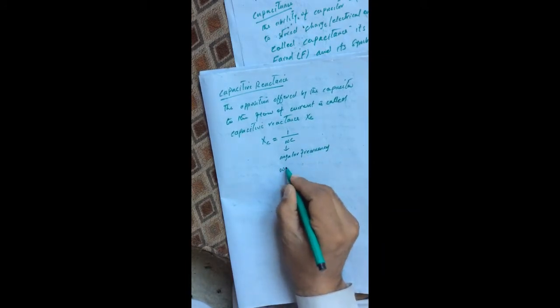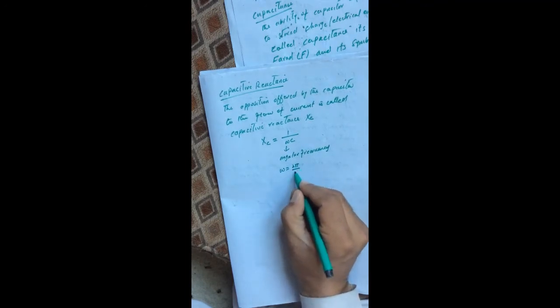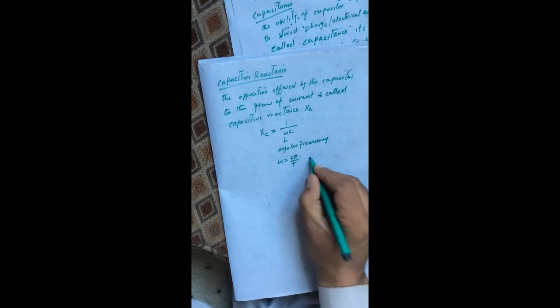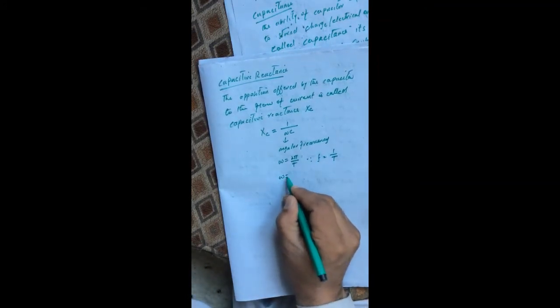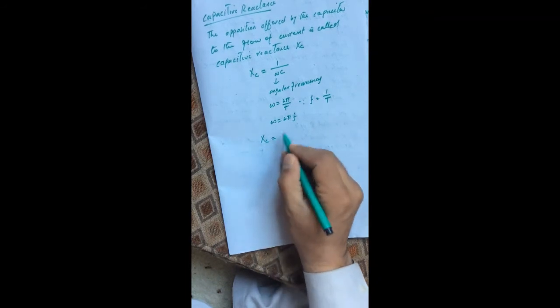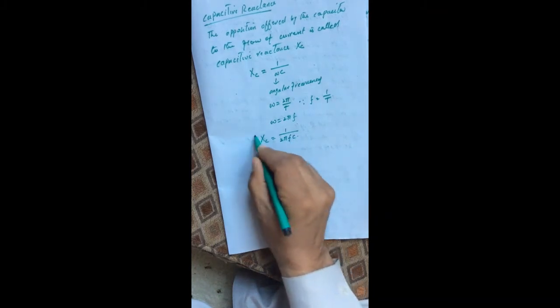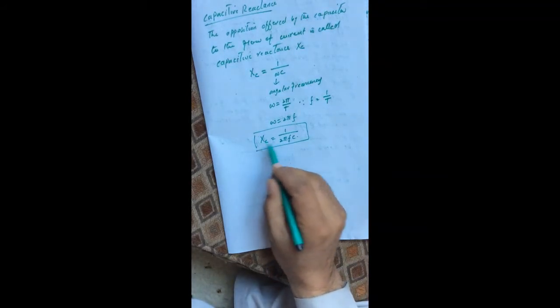Omega is equal to 2 pi over T, and we know that frequency is the reciprocal of time period, so omega is equal to 2 pi f. So Xc, the capacitive reactance, will be 1 over 2 pi f c. If we look at this equation, the capacitive reactance is inversely proportional to the frequency.